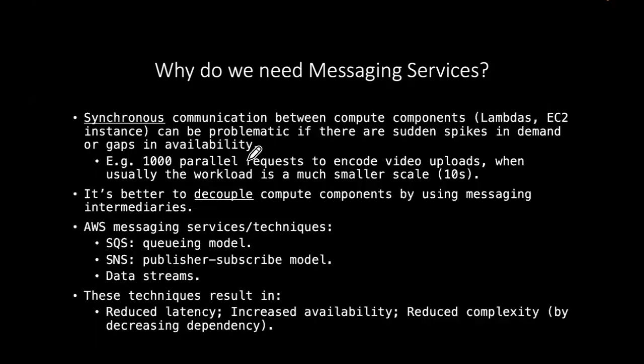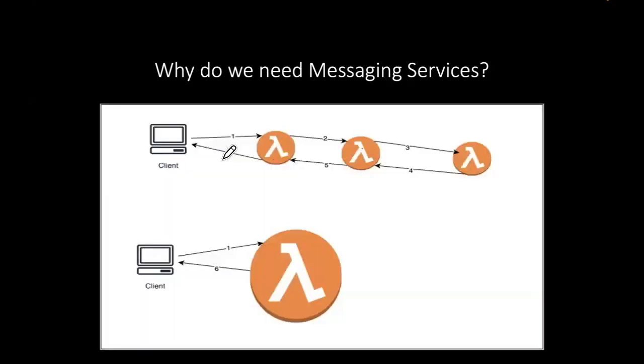The other thing I'm talking about here is problems with availability. By availability, we mean, supposing for whatever reason, this lambda is not contactable. Maybe it's in an AZ that is down temporarily, which means that when this lambda tries to communicate with it, it's not getting any response, and therefore it can't respond back to here.